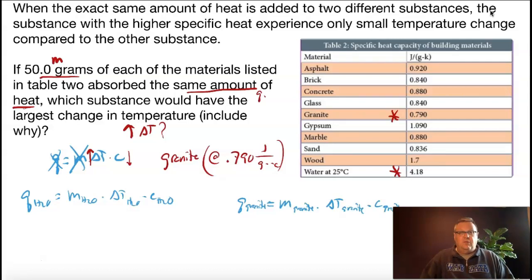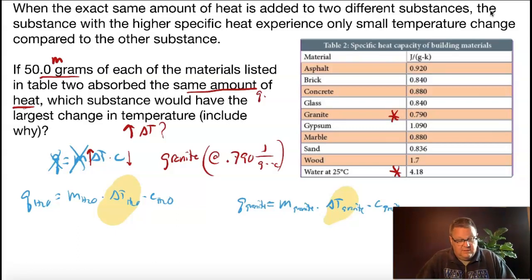And you could plug in 50 grams for the mass, 50 grams for the mass. You could say the same amount of heat, so you could pick some number, 1,000 joules, 1,000 joules. You could put in the specific heats of water and granite and calculate what gave you the largest delta T. If you wanted to do it with numbers and less abstractly, that would be a good way of doing things. You're going to get the same answer.